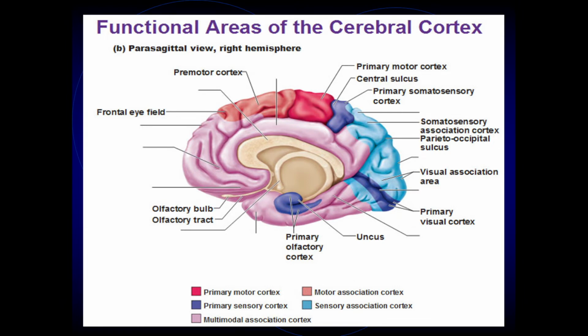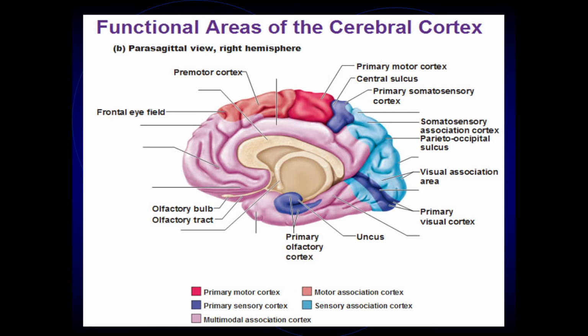Secondary zones receive impulses from primary projection zones and provide recognition and generalized perception of signals. The tertiary zones are responsible for the higher analysis and synthesis of information.